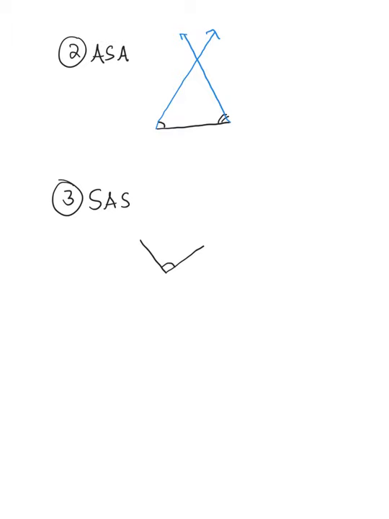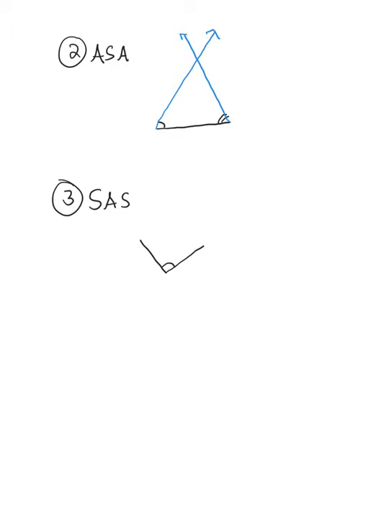Well, here's the next one. The next one is side angle side. So in this axiom, you know two lengths of the sides. Let's say these are those sides. And you know the angle in between them, the angle where they meet. In this case, you can kind of see by eye how the triangle can be drawn.